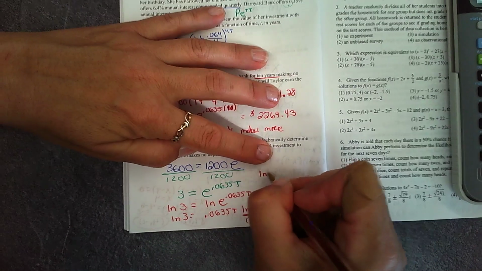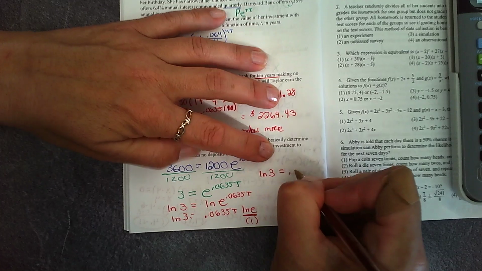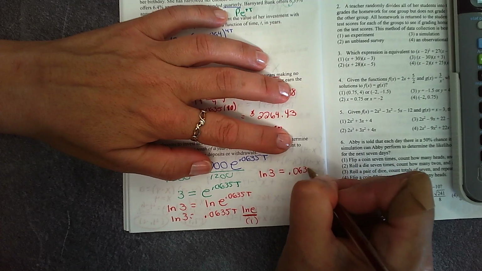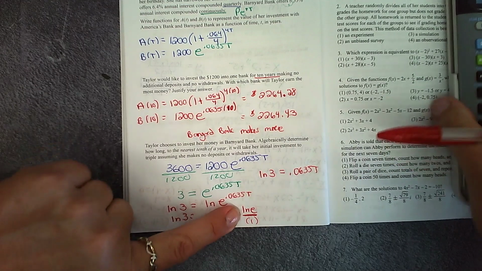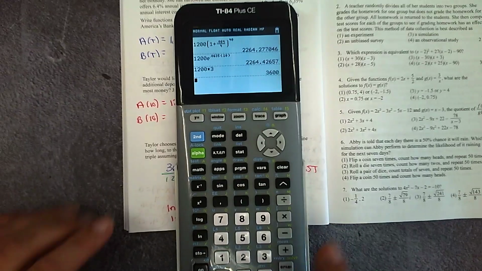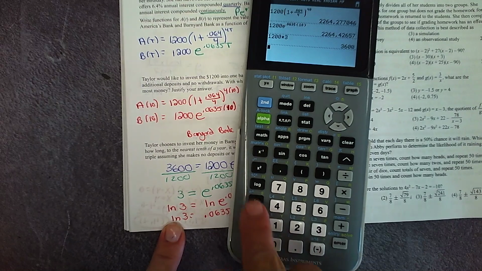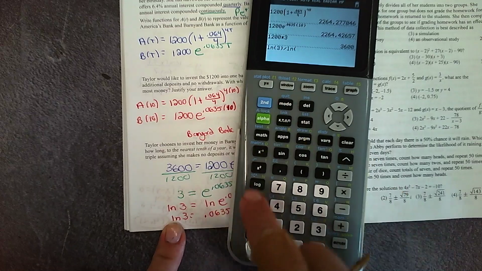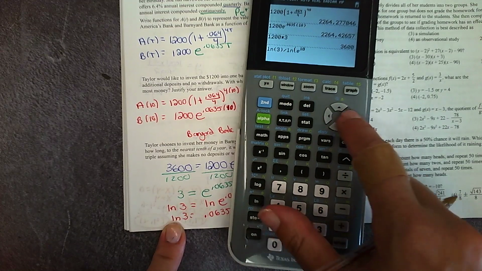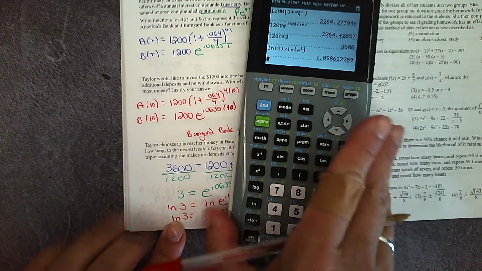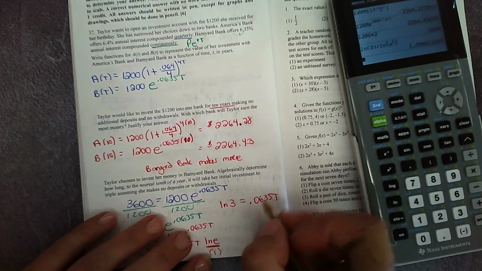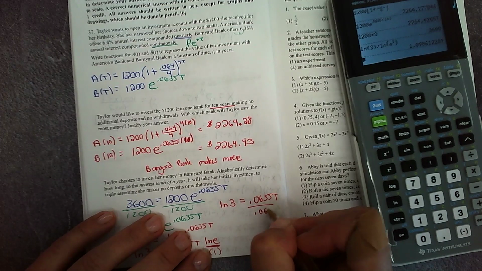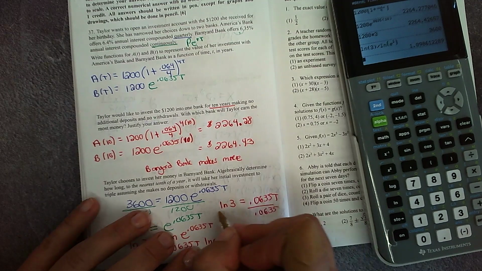So now I've got the natural log of 3 is equal to 0.0635 T. If you forget that, right, you can still divide that over. Watch what happens. The natural log of 3 divided by the natural log of, you would just do e to the first power. And it'll all work out, okay? But here, it's just easier if you remember that's a 1.